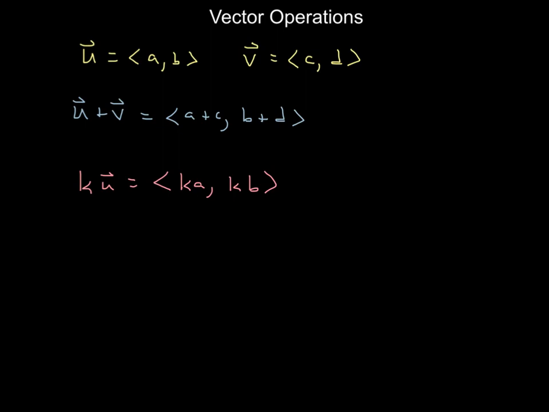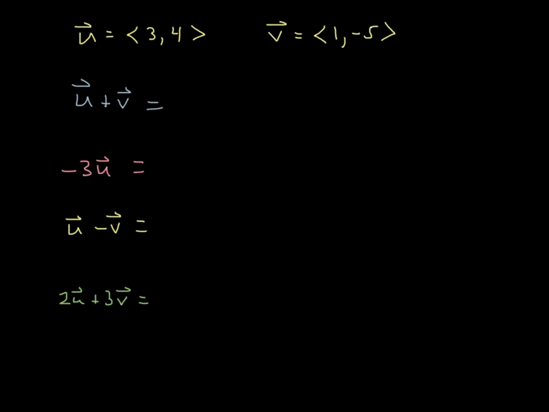Let's take a look at some other problems like this. In this case, I do have two vectors. One is the vector u, which is 3, 4, and vector v, which is the vector 1, negative 5. The first thing I want to do is find the sum of u and v.